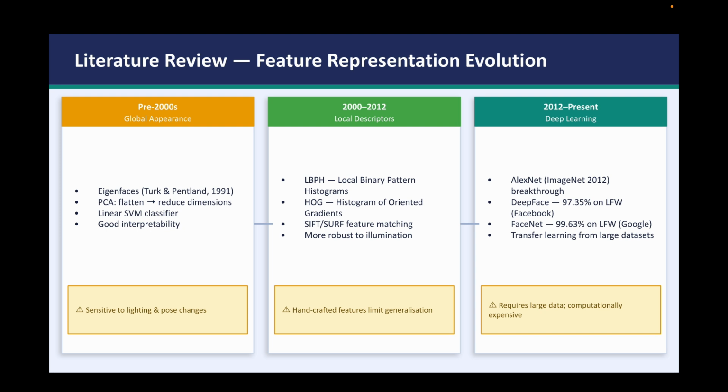Since 2012, deep learning has dominated, with models like DeepFace and FaceNet achieving near human accuracy using learned hierarchical features. However, these systems typically assume abundant data and computational resources. This makes it meaningful to revisit the classical approaches under small data conditions.